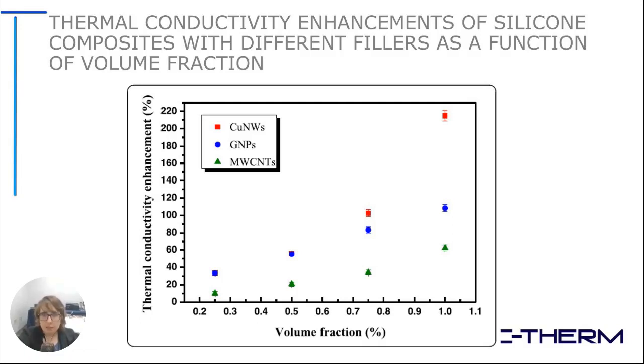And by choosing very high aspect ratio copper filler of these copper nanowires, you can actually exceed the thermal performance of the graphite nanoplatelets and the multi-walled carbon nanotubes, despite the fact that graphite nanoplatelets and multi-walled carbon nanotubes have a much higher, probably at least 2 to 3x higher thermal conductivity than the copper does.